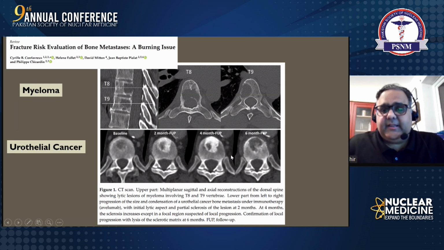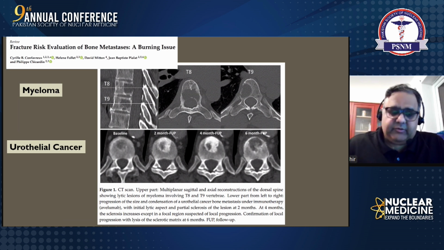Then 6 months down the line, that lytic component, which was not responding, took over the whole lesion while the sclerosis was responding to treatment. This is progression of the bone metastasis after some partial treatment response.